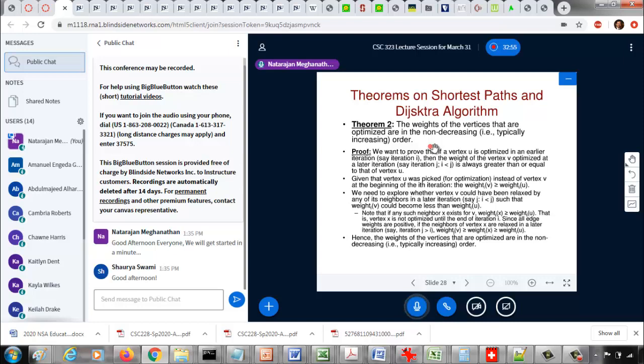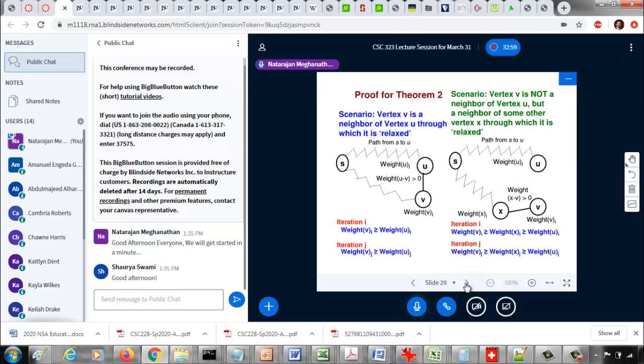Now how can we prove this? Let us consider a vertex u that we optimize in some iteration i. There's another vertex v that was optimized in a later iteration j, so i is less than j.